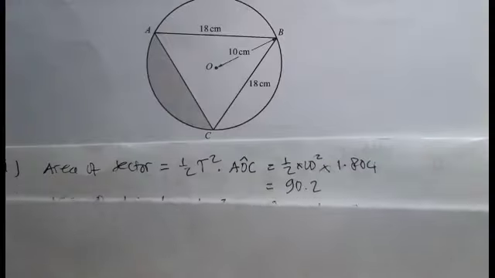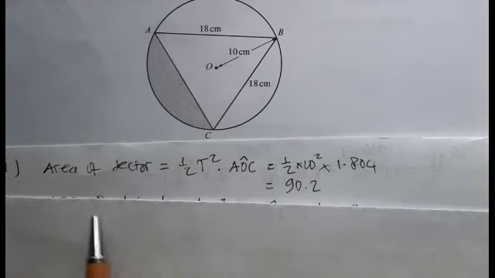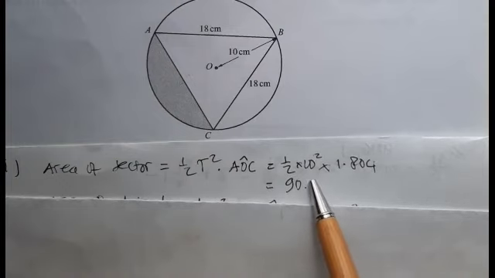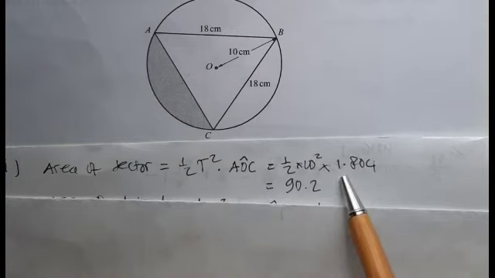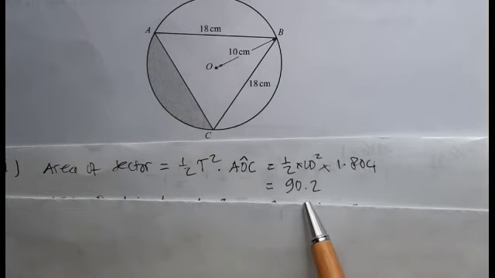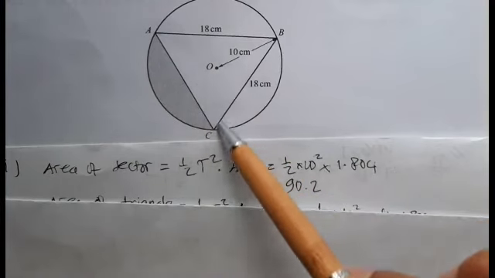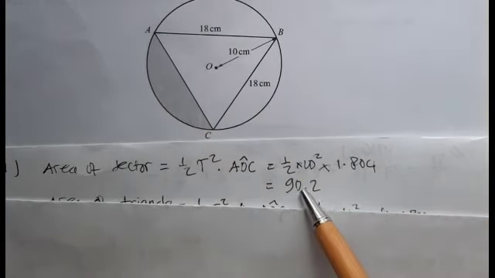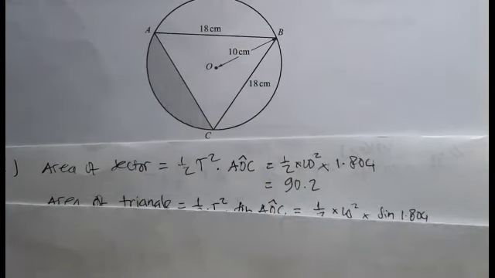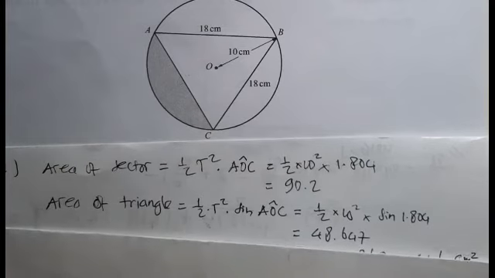Area of sector is half r squared times angle AOC. Half times 10 squared times angle AOC, which is 1.804. Thus the area of the sector AOC is 90.2 cm squared.